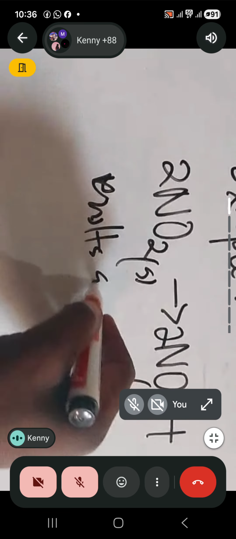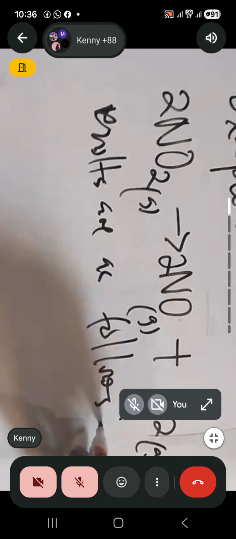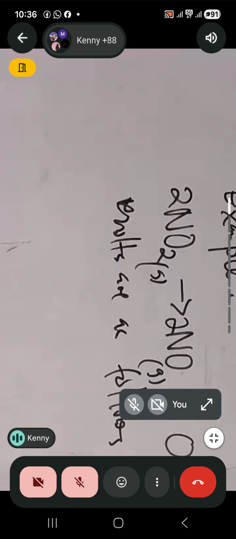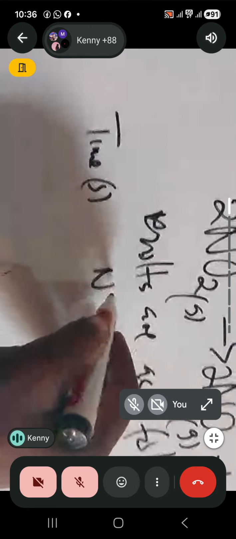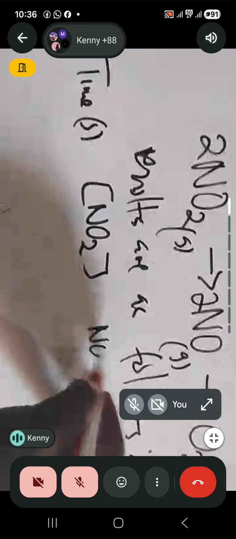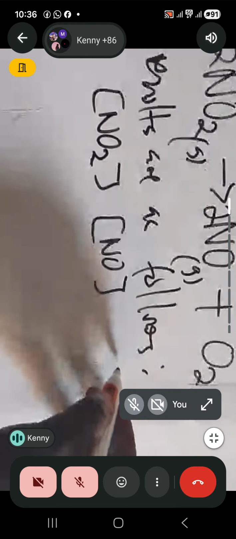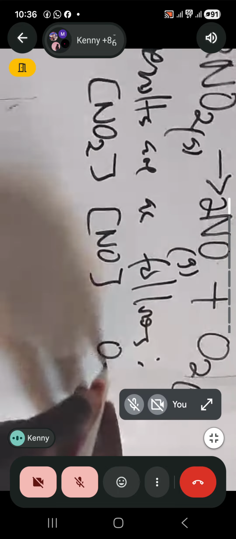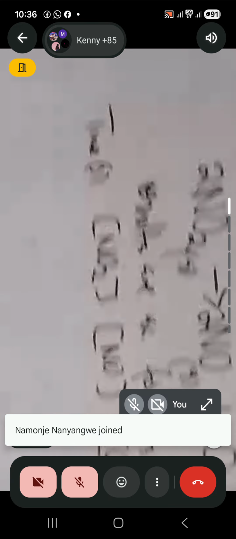We are going to draw a table: time in seconds, then concentration of nitrogen dioxide, concentration of NO, then concentration of oxygen. So a table will look like that.